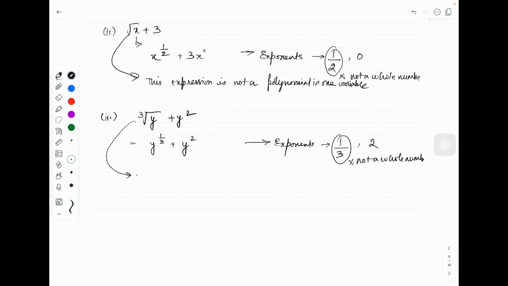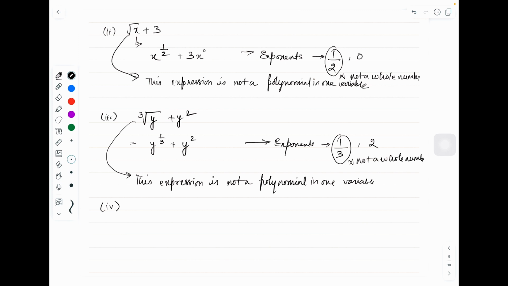So again this expression is not a polynomial in one variable.